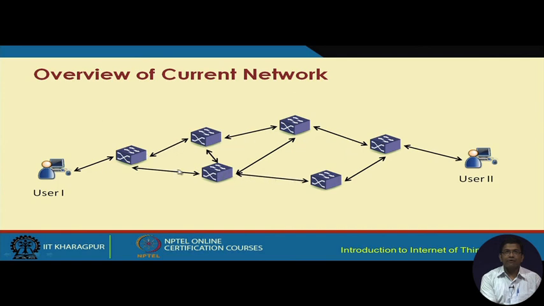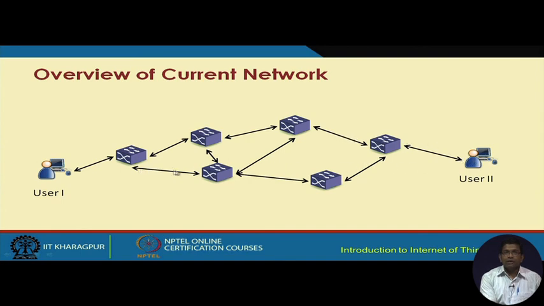What we have are different L3 switches like this, and maybe the data has to be sent from user 1 to user 2 and back. The data can be sent in different ways. These are the routes through which the data can traverse. One of the possible routes is like this to user 2.